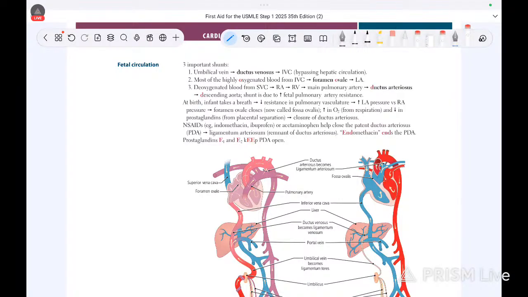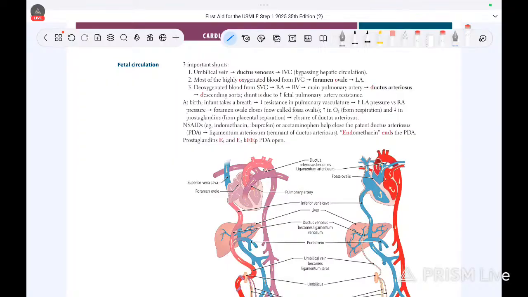There are some drugs like NSAIDs, as we said. If there is a patent ductus arteriosus, these NSAIDs, indomethacin, ibuprofen, or acetaminophen like paracetamol, help in closing the ductus arteriosus.